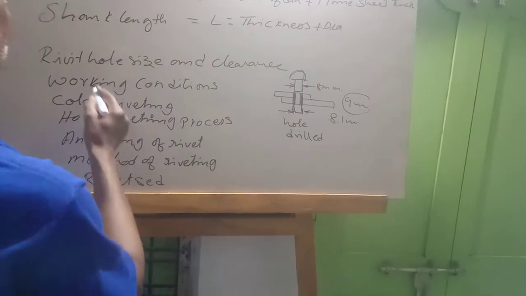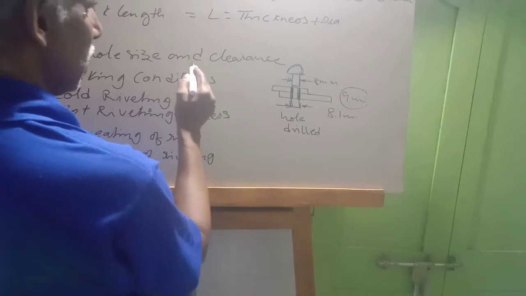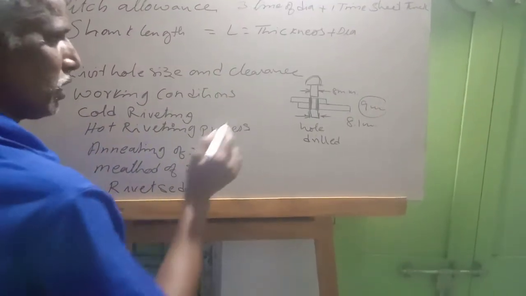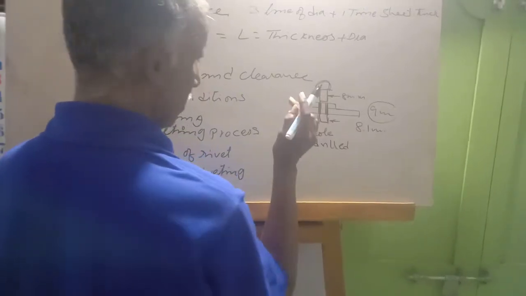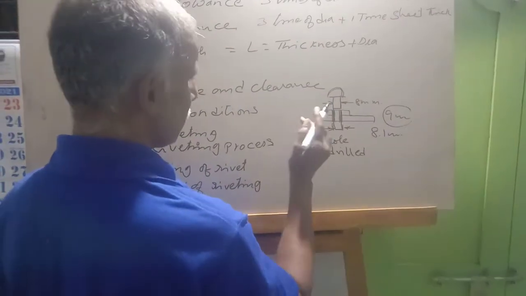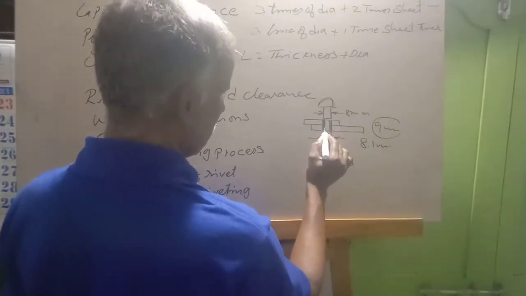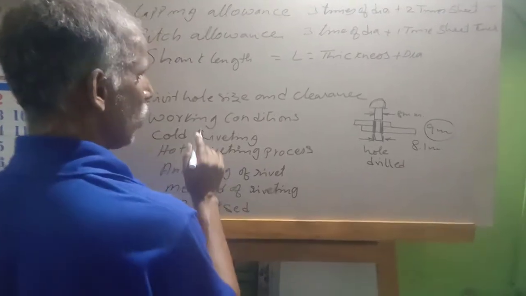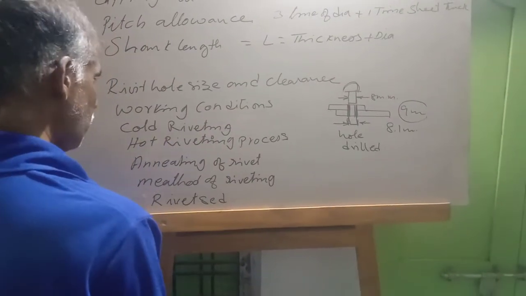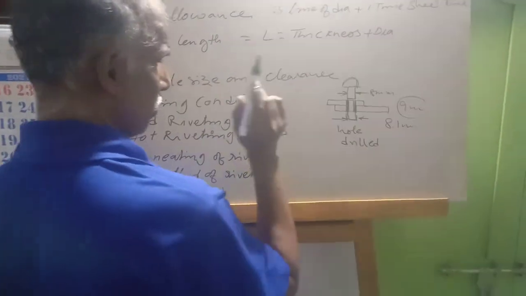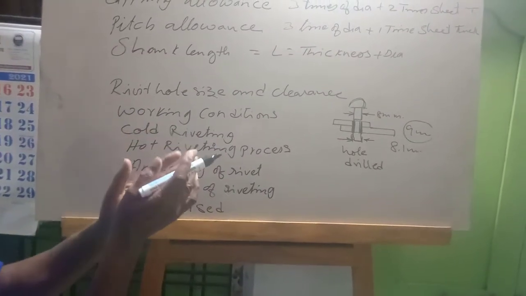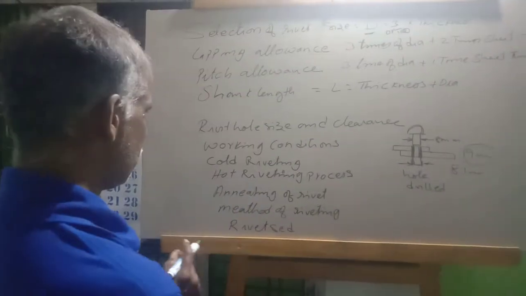Now for rivet hole size and clearance, the clearance should be very little when we are putting liquids in the container, so the liquid does not leak. If the clearance is less, it will work properly. I told you the riveting clearance also depends on working condition. If it is ordinary work just to hold the sheet, clearance is there, nothing wrong.